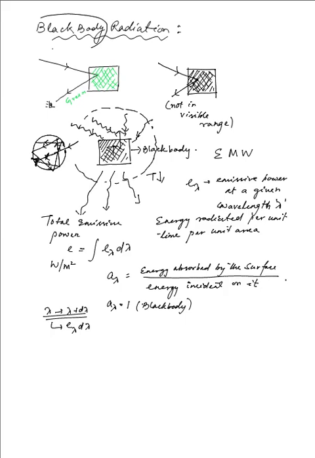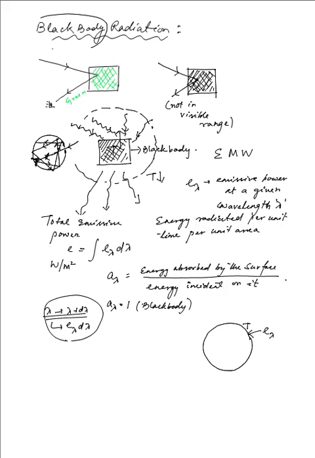Suppose we have a surface in the form of an enclosure, maintained at a constant temperature T, and its emissive power is E lambda over the range lambda to lambda plus d lambda. So it is emitting E lambda times d lambda, the amount of energy radiated per unit time per unit area from the surface.